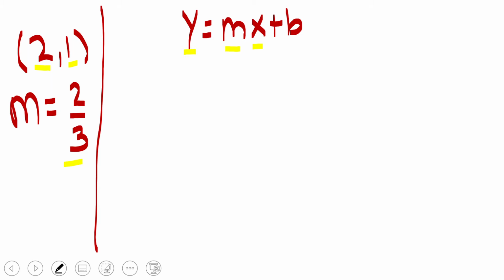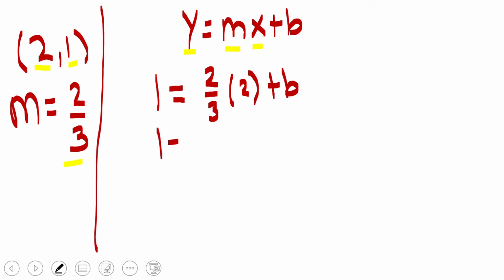Alright, so we have 1 for y equals 2 over 3 for slope times 2 for x plus b. Now we can solve algebraically for b. So we have 1 equals 2 times 2 is 4 over 3 plus b.